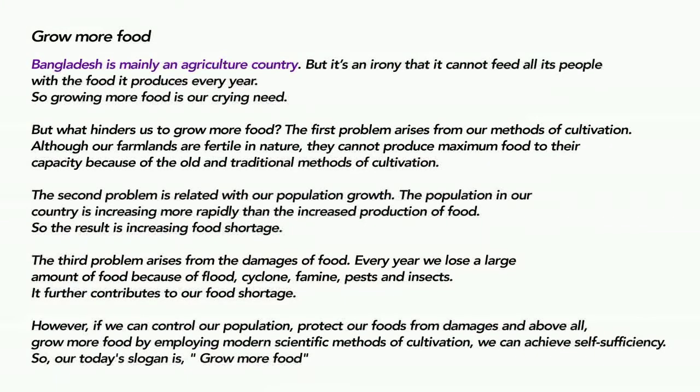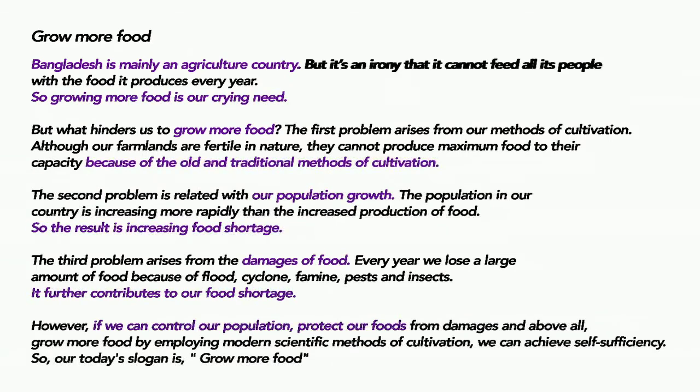Bangladesh is mainly an agricultural country. So, growing more food is our crying need. But what hinders us to grow more food? Because of the old and traditional methods of cultivation, our population growth, food shortage, the damages of food, it further contributes to our food shortage.